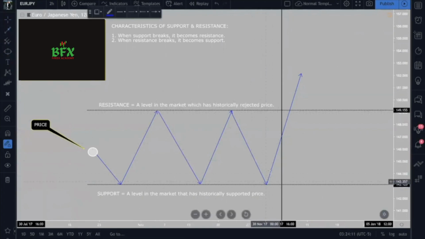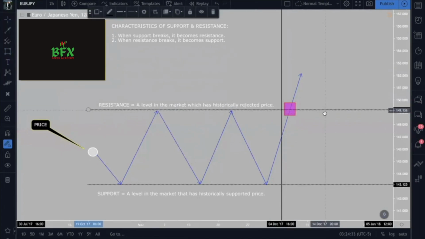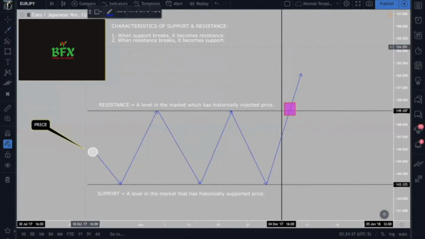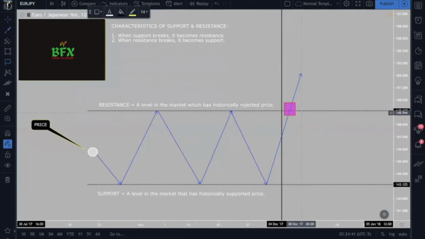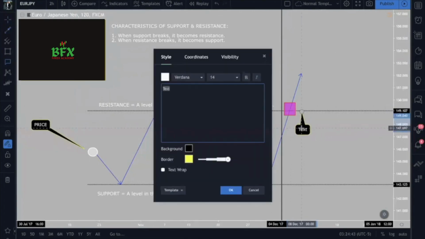Once price breaches a resistance, when this breach takes place right here, this level right here is no longer acting as a resistance. Now what's going to happen is that it's actually going to act as a support.